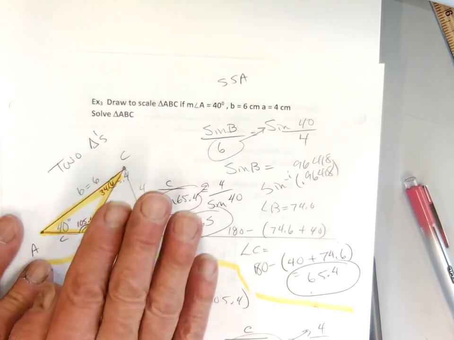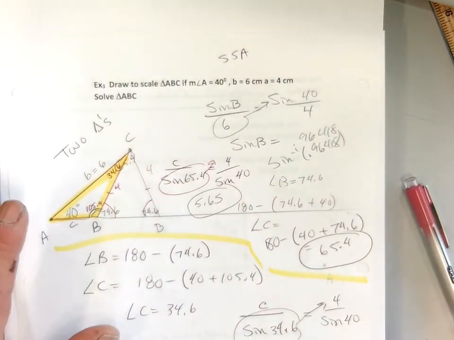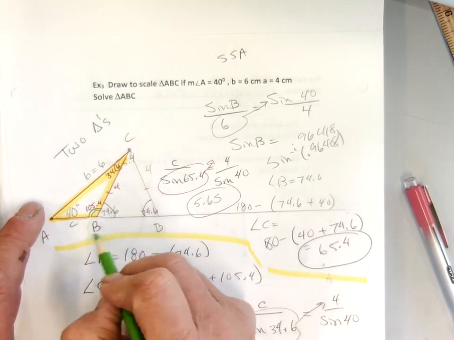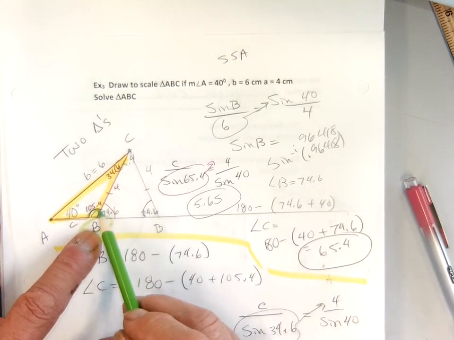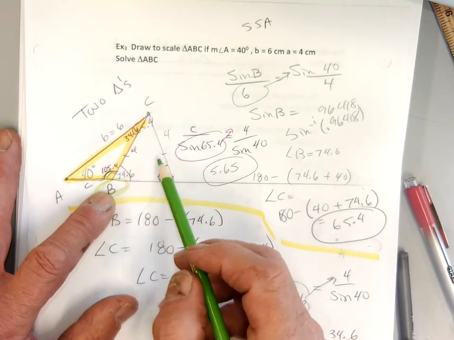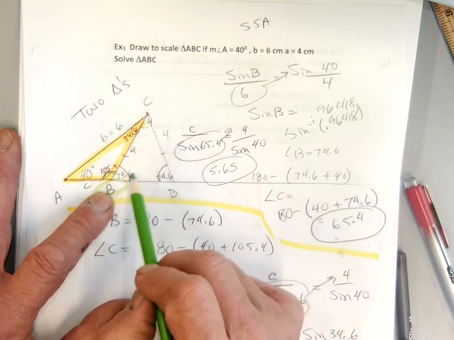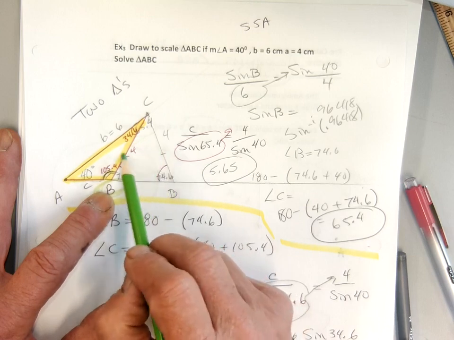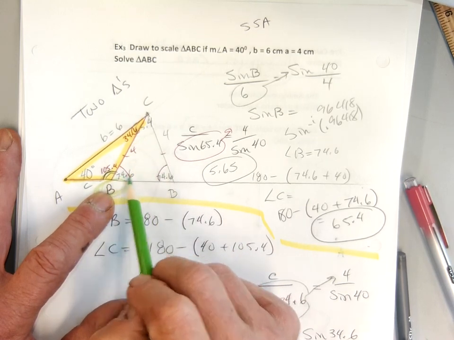Now, when I went for the little triangle, I do the exact same thing, but there's something we have to be very careful about, and that is angle B is no longer here. Angle B is there, and angle B is this obtuse angle. The way we get angle B, here's the trick. If you look at this triangle here, which is not part of the problem, it is a nice isosceles triangle, 4 and 4. If two sides are equal, so are the base angles. So that's equal to that.